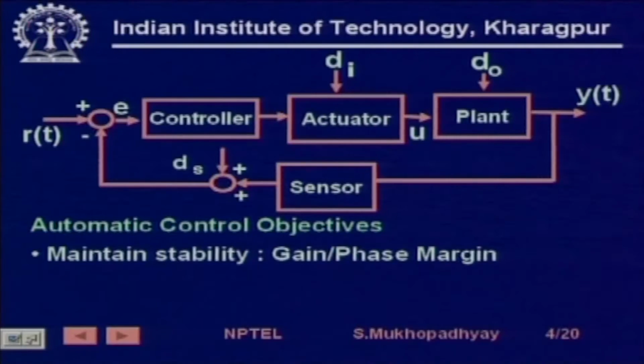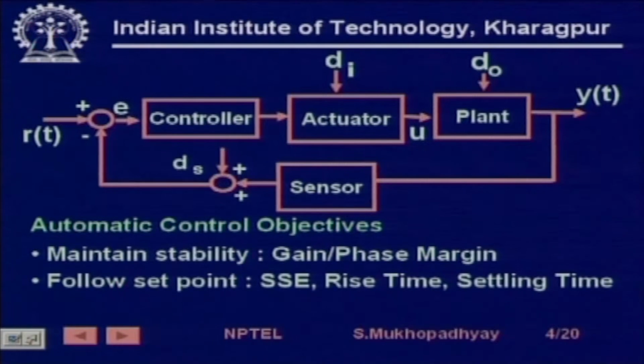In this course we are not going to have a very mathematical look anyway. So, we want signals in the loop to be stable, not continuously moving around. That is a very important objective of automatic control, especially for processes which are inherently unstable. Without this we cannot run the process at all.